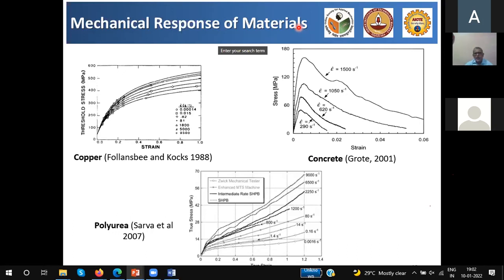So the terms like yield, etc., are actually relevant for metals, but they have been borrowed and used very loosely even for other materials, and therefore it's good to know what they really mean, what they originally meant, and what they should not be used for.